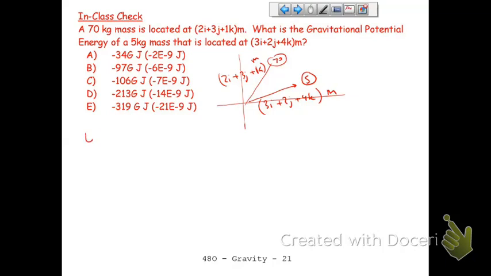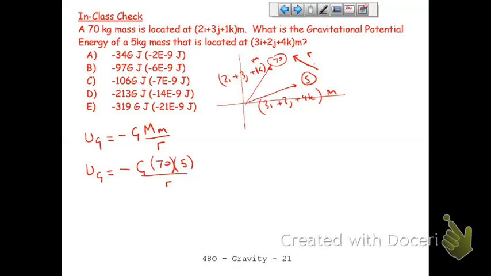So it's going to be UG is equal to minus G, big M, little m, over R. So UG is equal to minus G, big M is 70, little m is 5, over R. Oh, there's my R. R's the separation, isn't it?